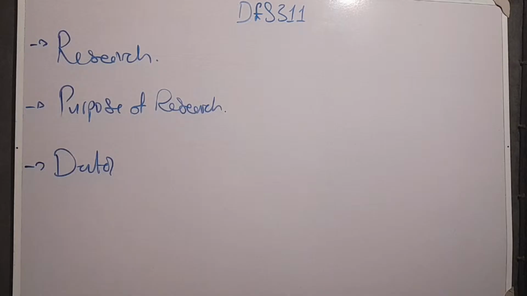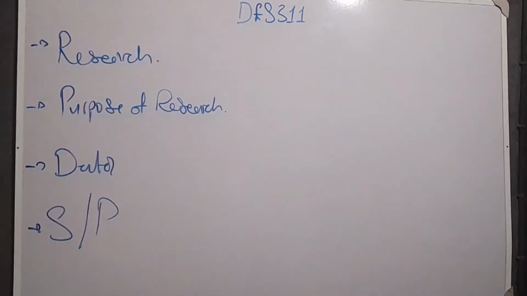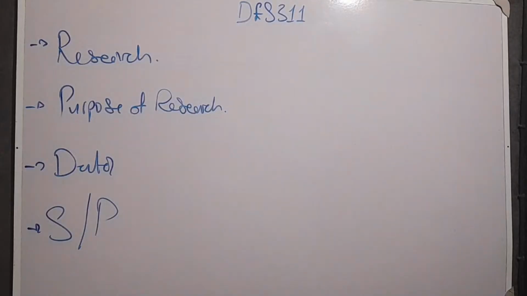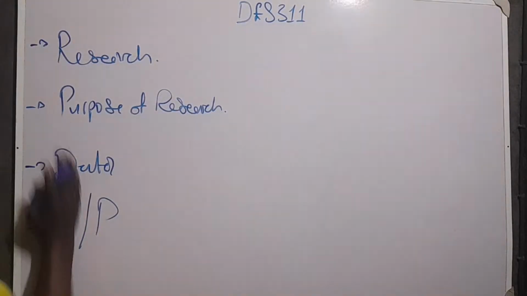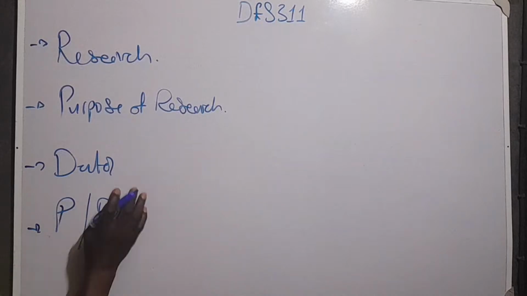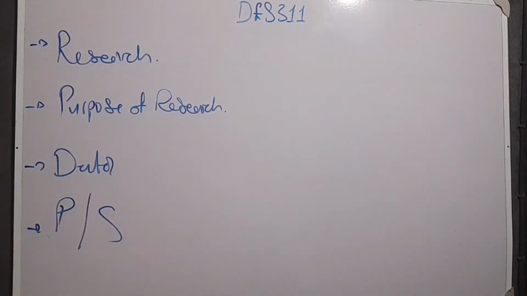Now, you must have heard of sample and population. All right, or should I say population and sample? Because you get your sample from the population. When you talk about population, that is the aggregate entity or aggregate element or aggregate people number which you are focusing your research on.